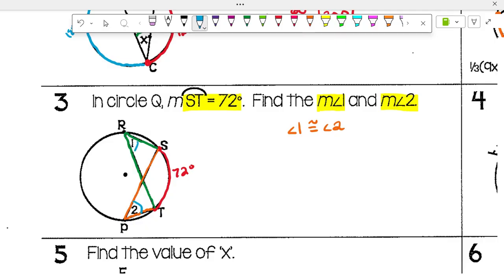Now, how do I actually find those two angle measures? What do we know about inscribed angles? What did we just say about them in the previous theorem? They're half the arc measure. So how do I find angle 1 and 2?